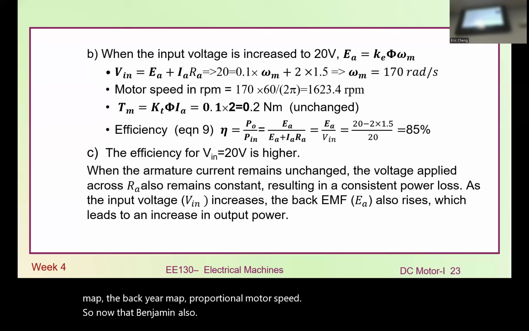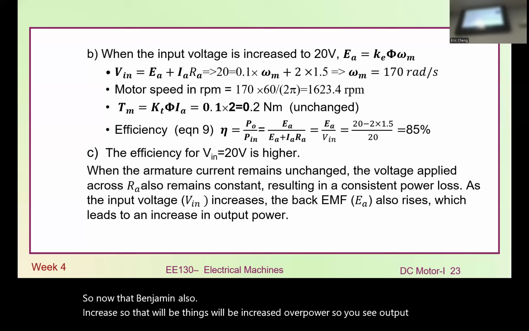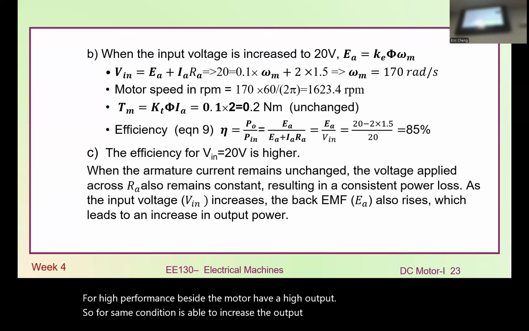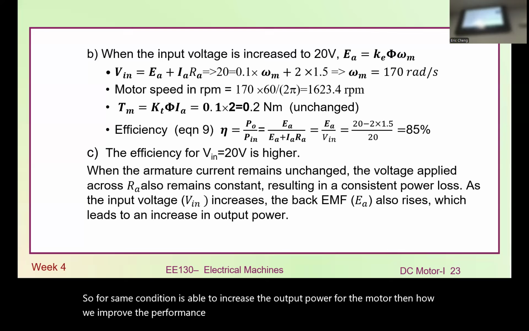So that will increase the output power. For high performance, we like the motor to have a high output. For the same condition, if you are able to increase the output power of the motor, that is how we improve the performance. Under constant current, we know the torque is unchanged.